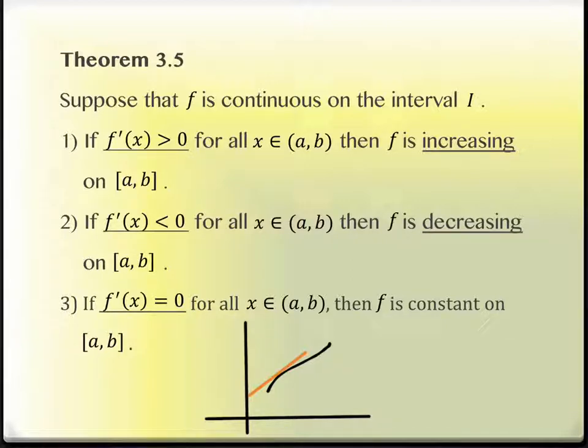Is it positive or negative or 0? It's positive. But that slope, that tangent line, is representing what the derivative is doing. So the fact is, at all those points, I can draw orange lines, all of them, that have positive slopes. So a positive slope means that the derivative is positive, so I have an increasing graph.